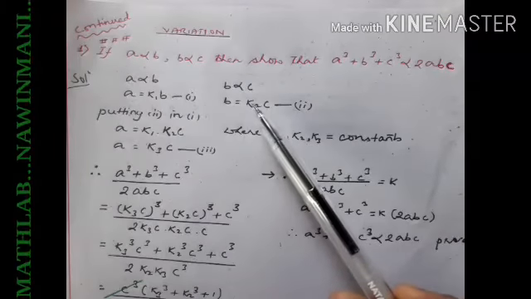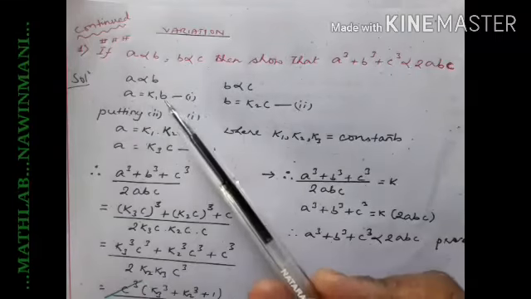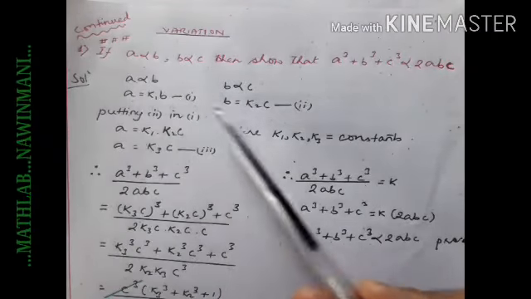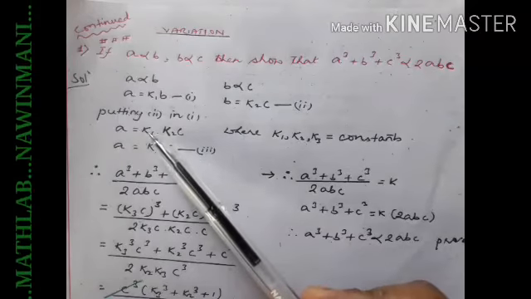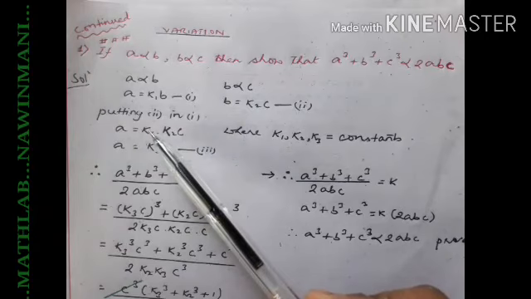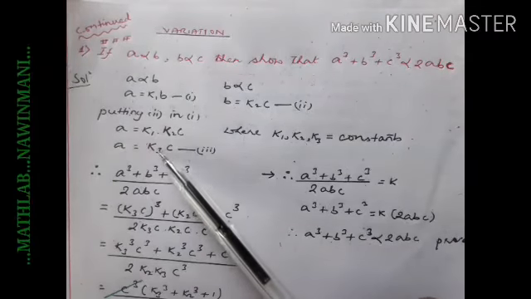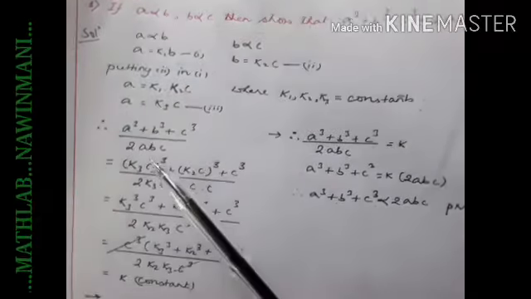B is equal to k2c here you put. So A is equal to k1, which is already there, and instead of B you put k2c. So k1 and k2 both are constants. We have already learnt constant into constant gives us a new constant k3. So that I take as equation number 3.